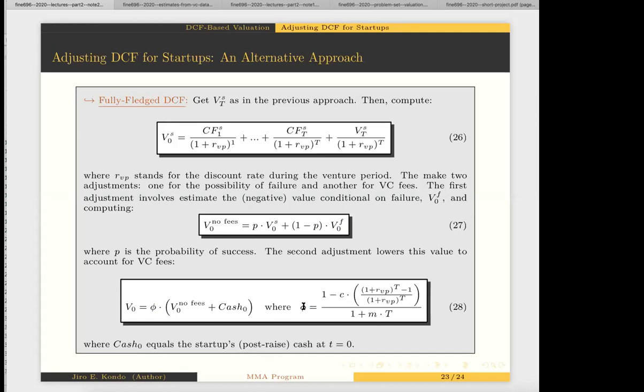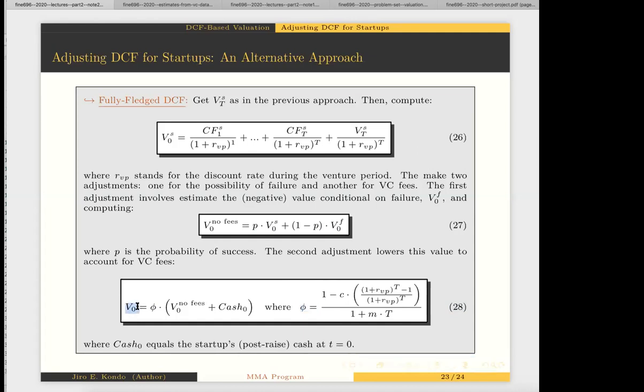I don't want to go into all the details here, but we compute this expression: 1 minus C times 1 plus the venture period discount rate, in this case 14.75%, to the power of T minus 1, over 1 plus that same venture period discount rate to the power of T, and then divide that by 1 plus the management fee times the number of years that we expect the management fee to be charged.